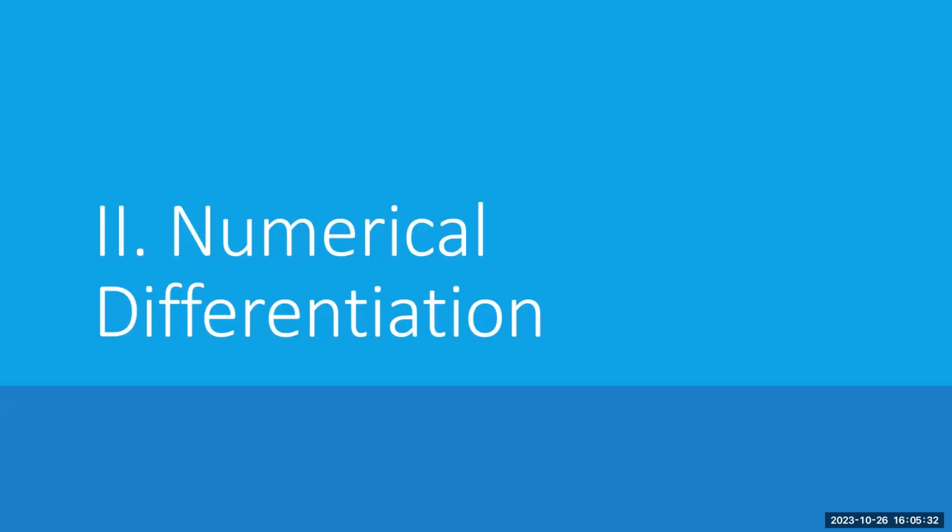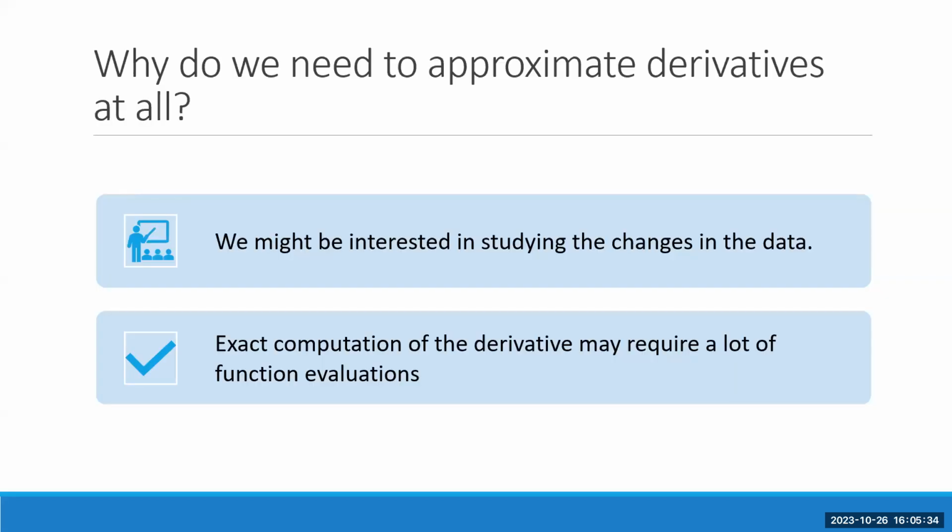Part 2, numerical differentiation. So let's begin by addressing the fundamental question, why do we need to approximate derivatives? One reason is our interest in understanding how data changes over time or with varying input parameters. Derivatives provide valuable insights into these changes.